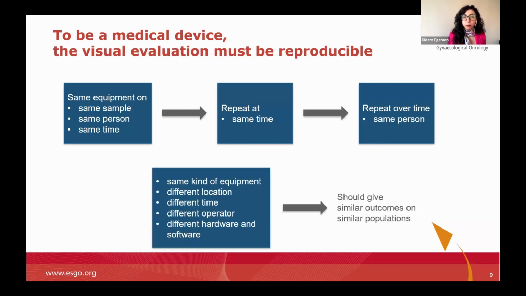Also, in general, if we are using the same kind of equipment, like the same brand of cell phone or the same brand of digital camera across different studies, we should be able to get similar results from similar populations. Also, a different location, time, operator, hardware and software shouldn't change the results dramatically. We should be obtaining similar outcomes. So this is the most important first validation metric.